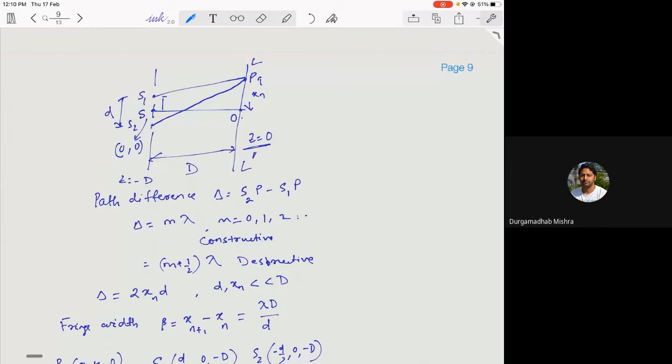So you have the same source, and if you use different mirror settings, you can get a plane wave, and maybe then you put a pinhole in front of one mirror, so then you get a spherical wave. That is possible.